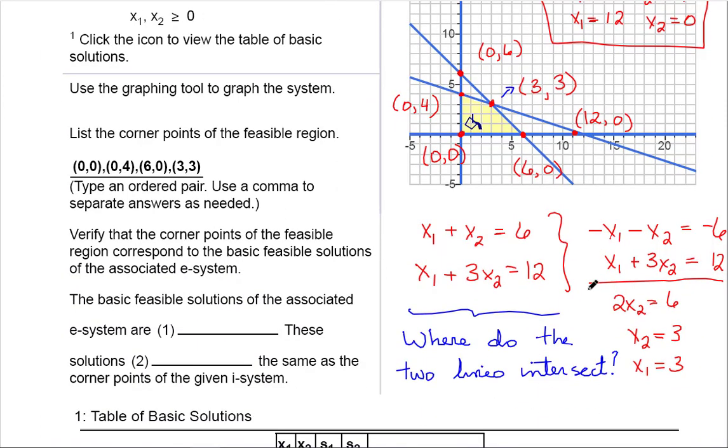So I have to figure that out by solving this system. Multiply through by -1, add them up, and I figure out that x2 is 3. Well, if x2 is 3, then 3 plus 3 is 6. So this gives me this corner point. Okay, so these are all my feasible areas.